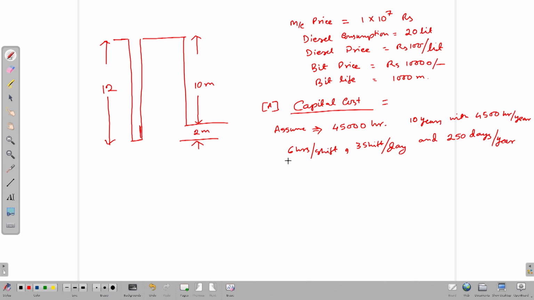So, these are our assumptions. 6 hours in 3 shifts, so this is 18 hours per day, and 250 days. So, that is we are getting 4,500 hours per year. So, this is our utilization we are expecting.